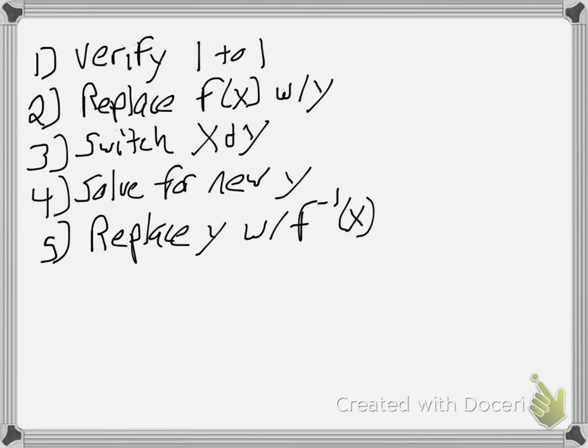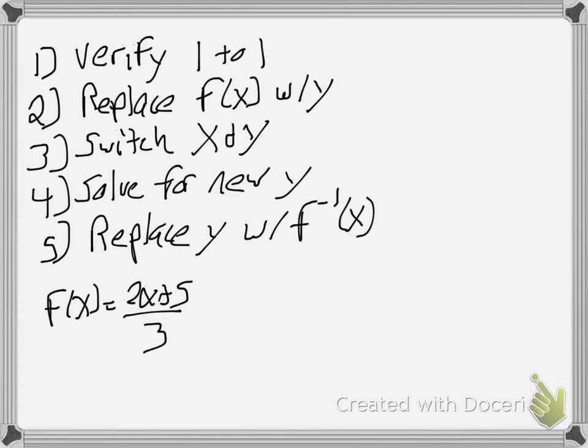Okay. We're going to use it on number 2. We're going to find the inverse of f of x equal to 2x plus 5 over 3. Okay, first off, we need to verify that it is 1 to 1. What's the domain of this function? Well, it's negative infinity to positive infinity, right? And what's the range?